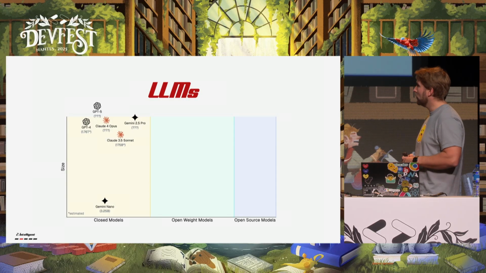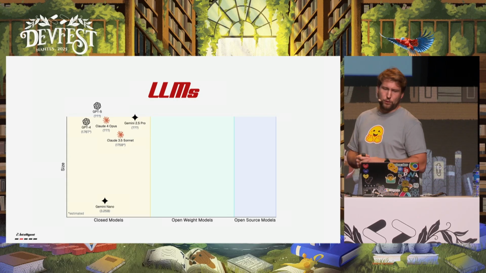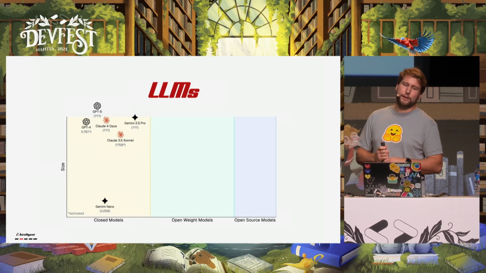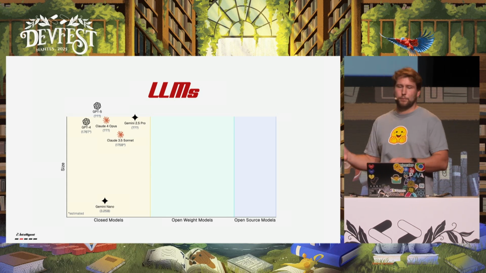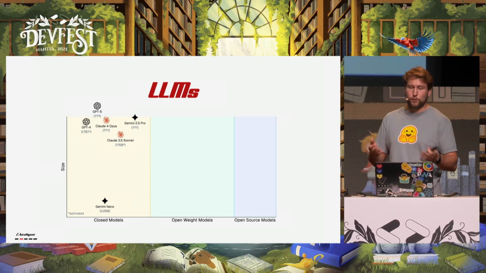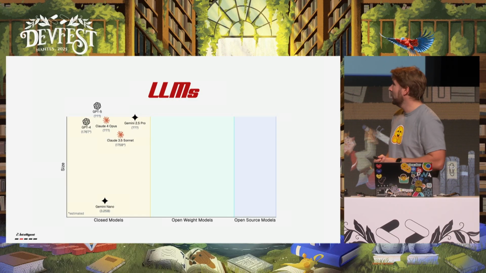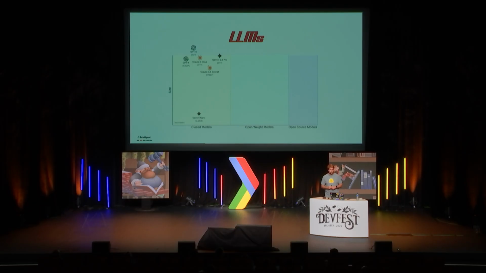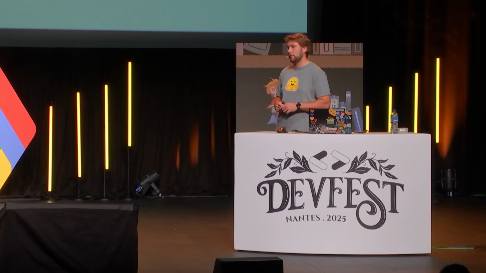But there are also small models like the Gemini Nano, which has only 3.25 billion parameters. And those models are small enough that we can actually run them on device, so on our phones or on our laptops. The thing is, those are closed models, so we are not allowed to use them in our own systems. But there are also open models.